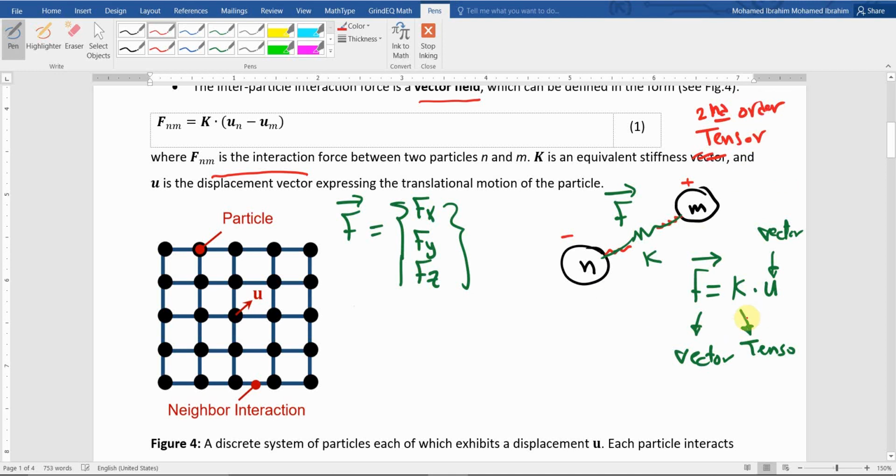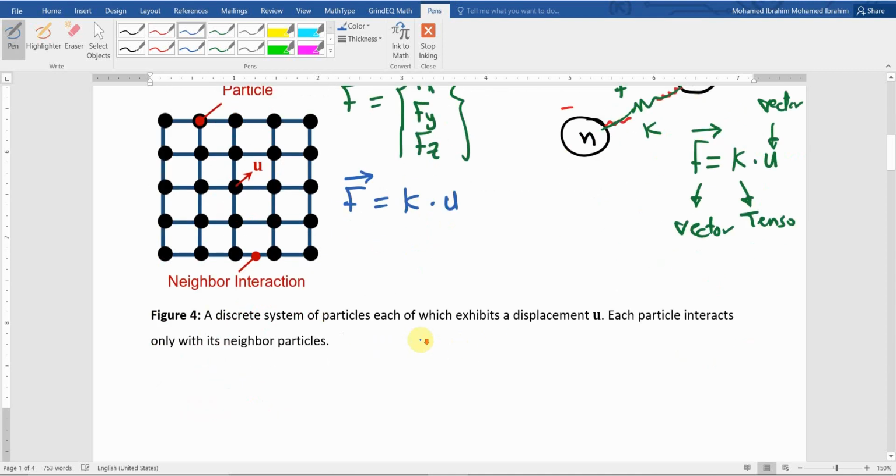tensor. Because if you remember from vector calculus and tensor calculus, the result should be a vector: k, which is a tensor, dot this displacement, whatever it is, just a displacement vector.